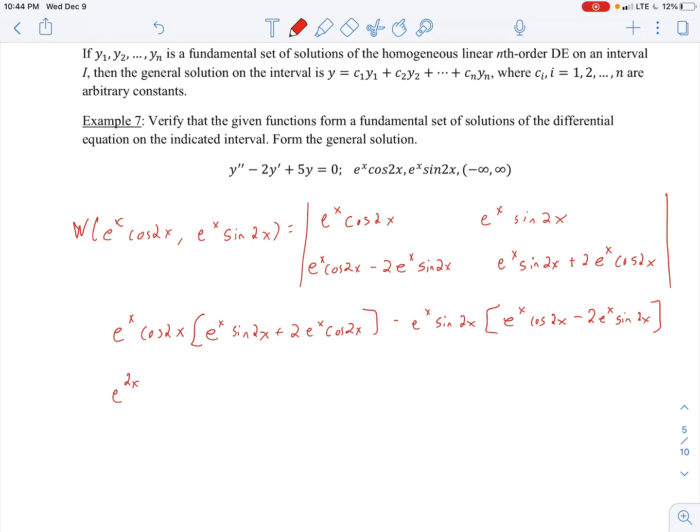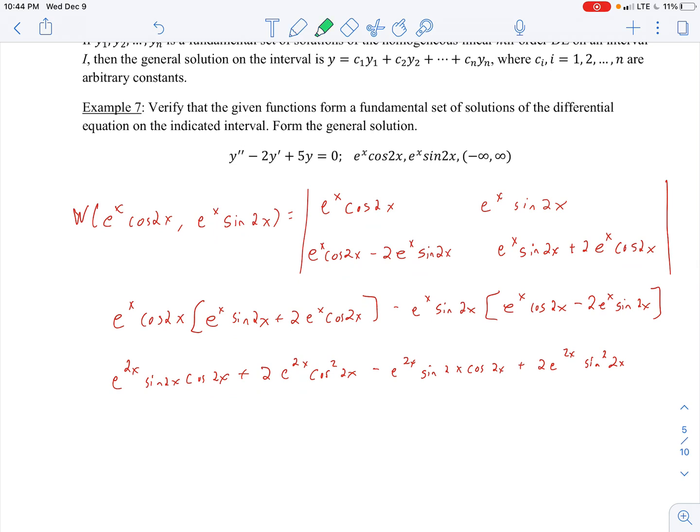We're going to have e to the 2x sine 2x cosine 2x plus 2e to the 2x cosine squared 2x minus e to the 2x sine 2x cosine 2x plus 2e to the 2x sine squared 2x.